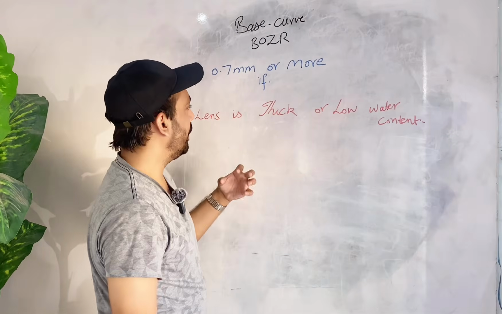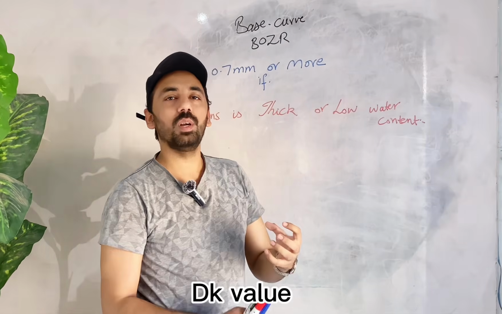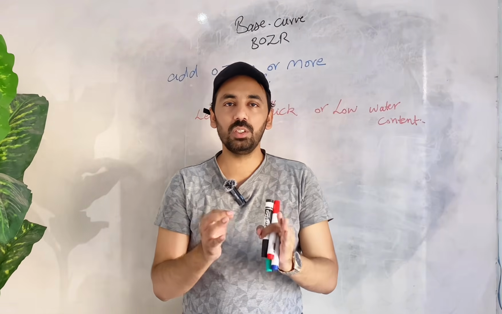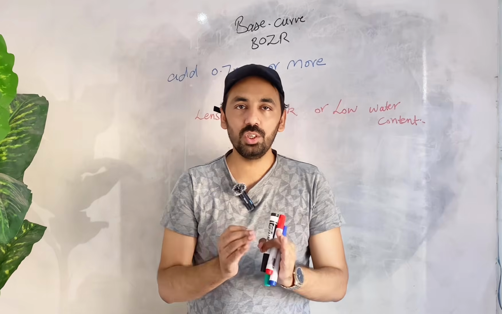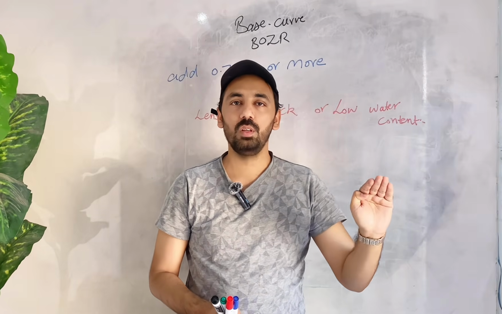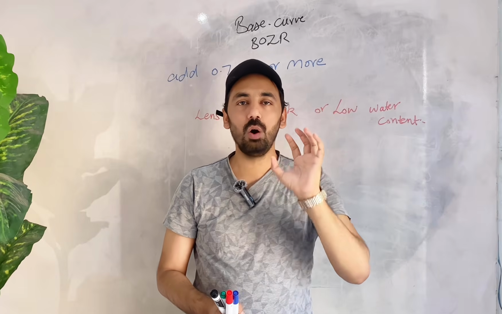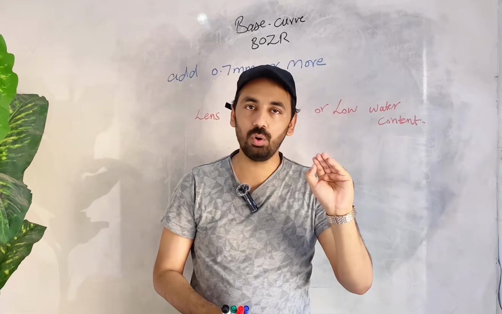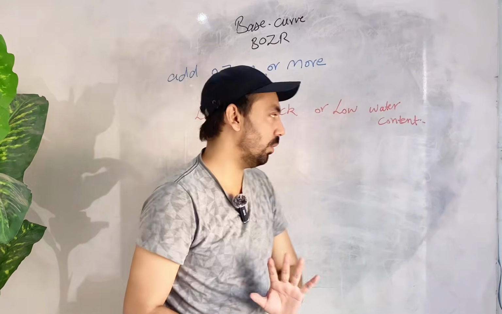So we are talking about the Dk value. You know very well what the Dk value is. The brief definition is that it is the measure of how much oxygen is passing through the contact lens and moving towards the cornea.